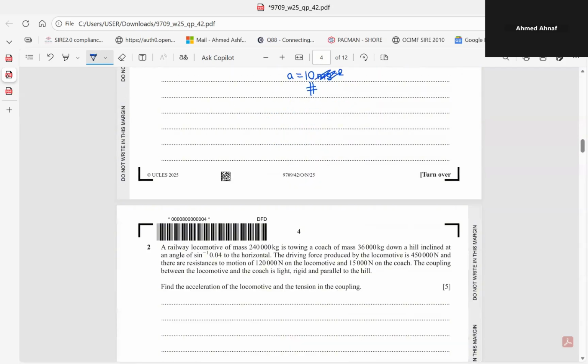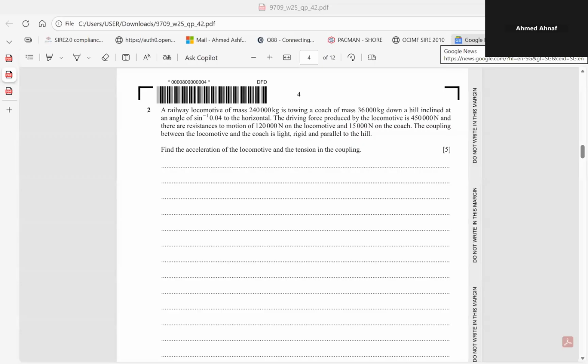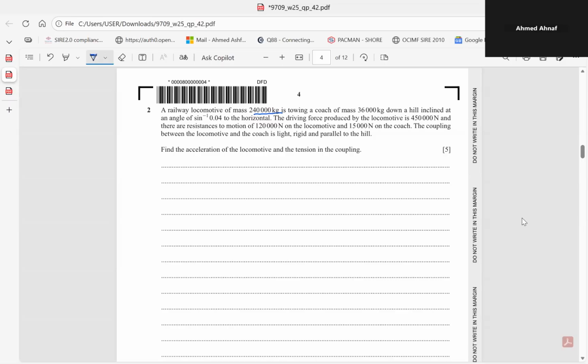Let's move on to the next question. Okay, so for this question, we are told that a railway locomotive of mass 240 kg is towing a coach of mass 36,000 kg down a hill inclined at an angle of sine inverse 0.04 to the horizontal.